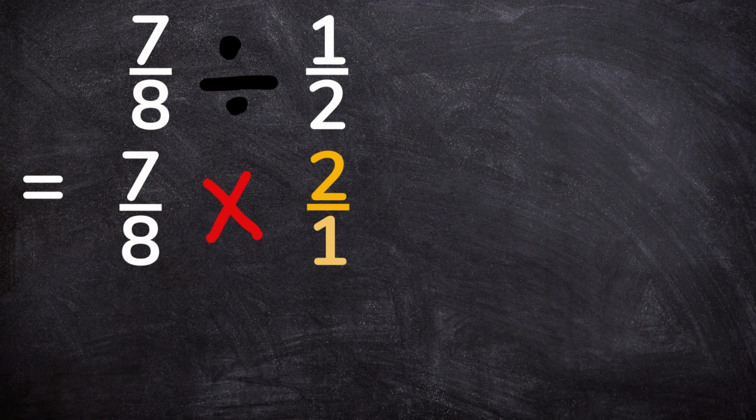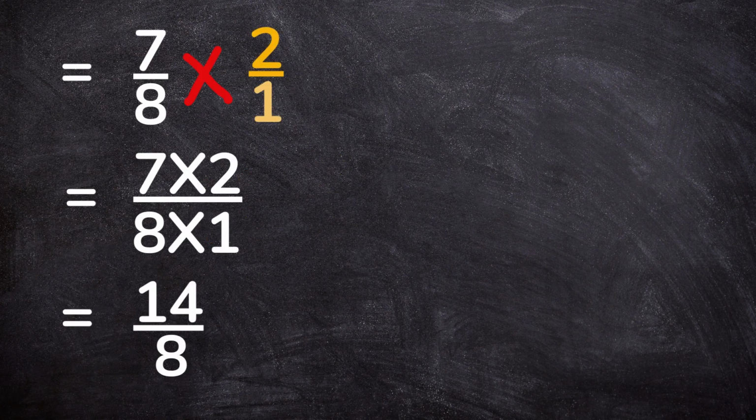So you will now say 7 times 2. You get 14. That's your answer. On the numerator, all over, we go to the bottom side, 8 times 1, we get 8. So that's your denominator. On the denominator, we ended up with 8, and on the numerator, we ended up with 14.